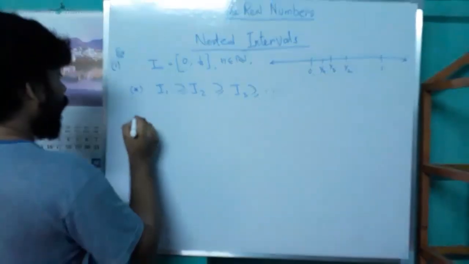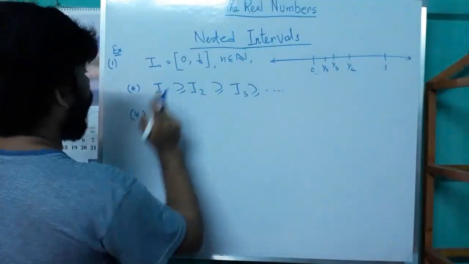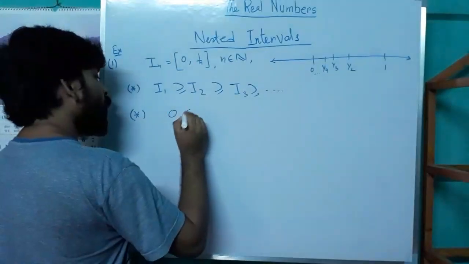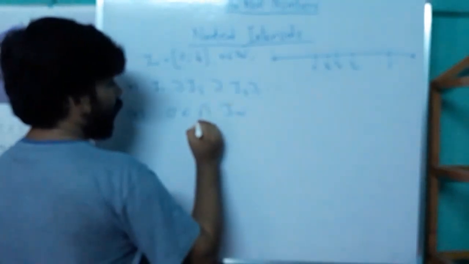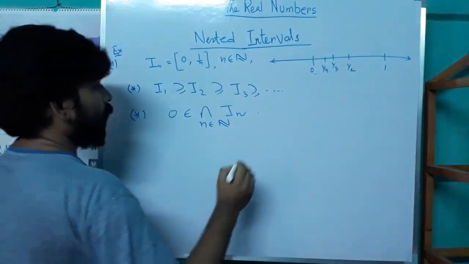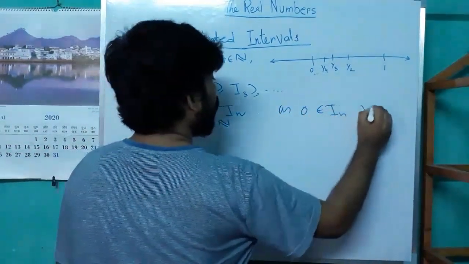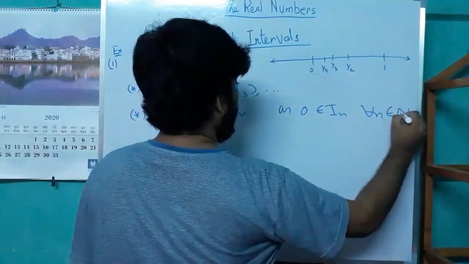Next observation: every interval of this collection contains the element 0. So 0 belongs to the intersection, as 0 belongs to every interval.